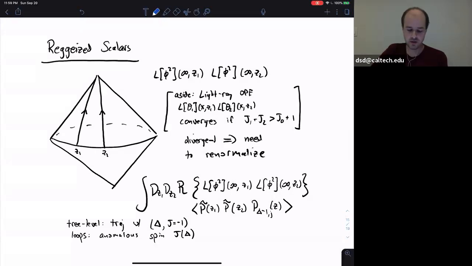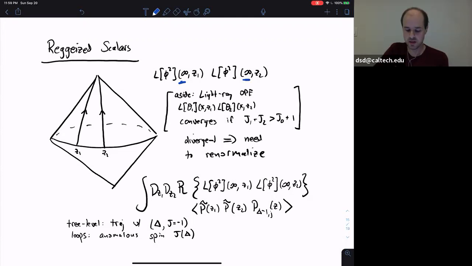Let's consider a product of these two light transformed operators in this kinematics. The initial point for each one is the point at infinity, and they're sitting at two different points on the celestial sphere. This is the same kinematics associated with the light ray OPE, which is something I've written about before.